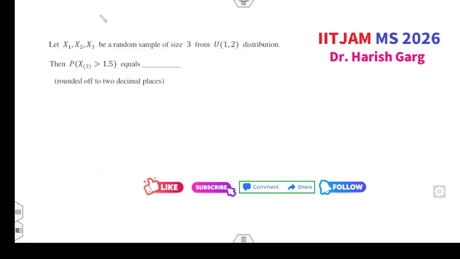Look at the next one. X follows the uniform distribution with parameter 1, 2. Your target is to find the probability of x3.